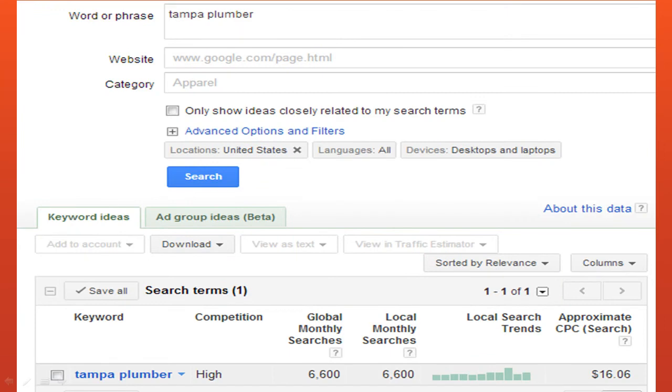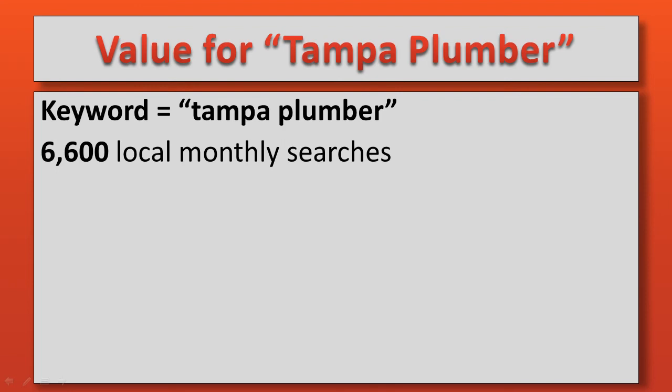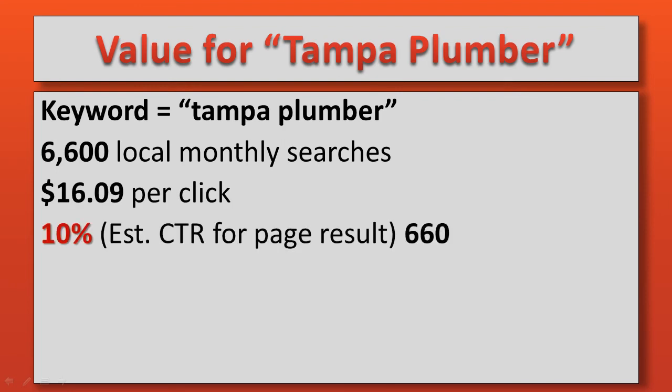Tampa Plumber. Here's another one. Ironically, Tampa Plumber has the same amount of searches as self-storage PA at 6,600, but the cost is significantly different. It's approximately $16.06 for a cost per click. So let's put a value on Tampa Plumber. 6,600 local searches, $16.09 a click. And let's say for Tampa Plumber we only have a 10% click-through ratio.